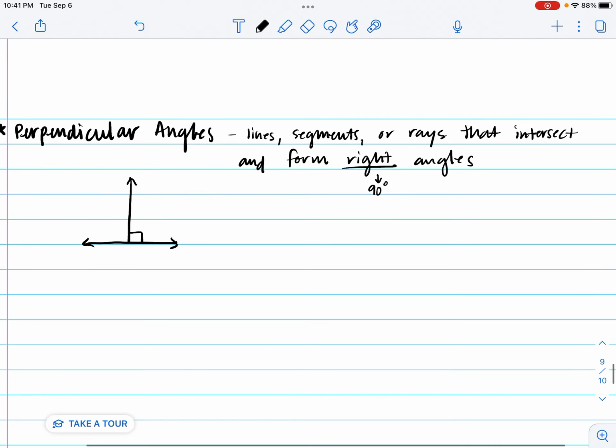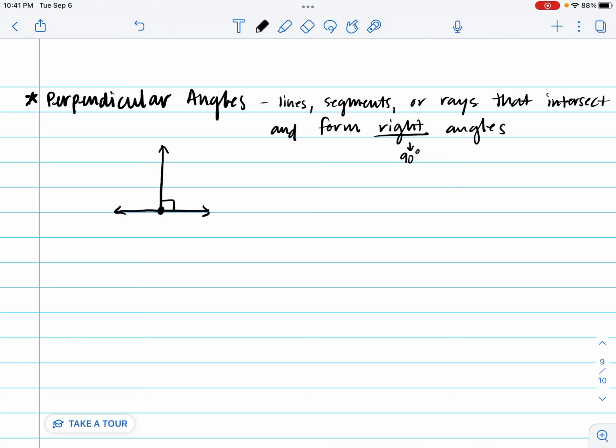Okay, so for instance, I'm going to put some letters here. I'm going to say this is C, and then this is A, and this is T. Okay. Now, AT is a line, and then AC is a ray.